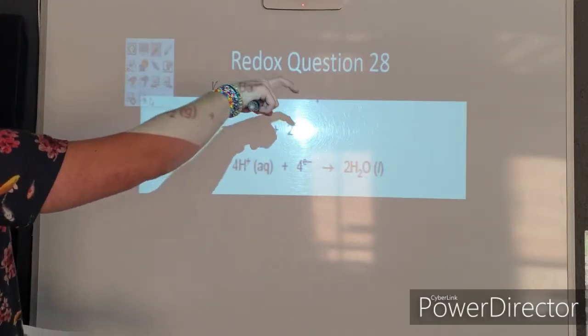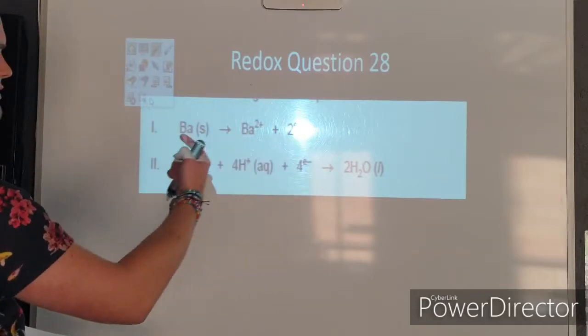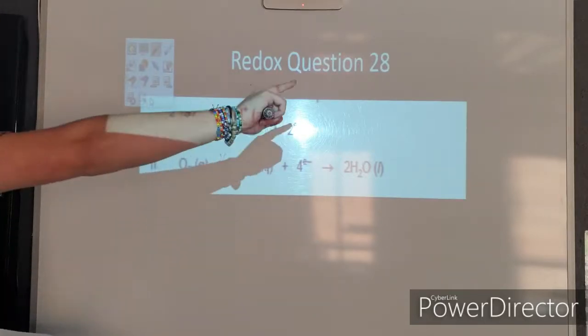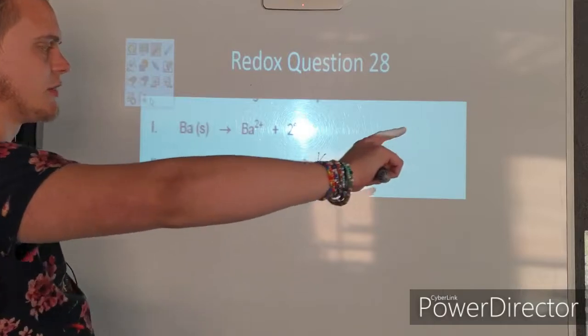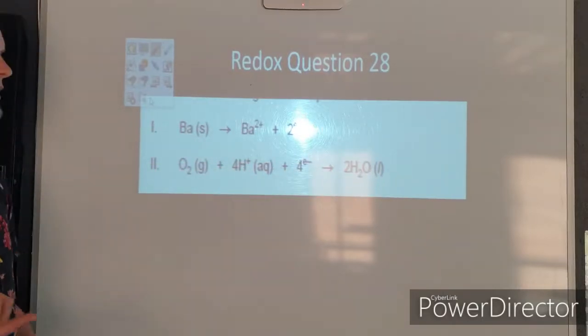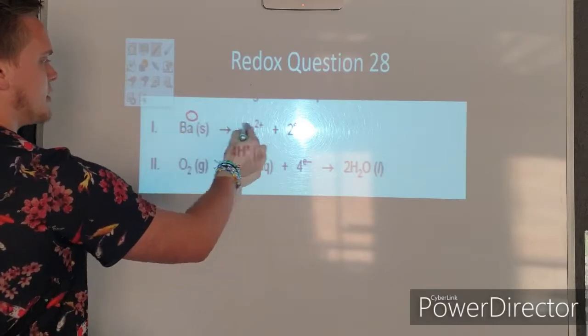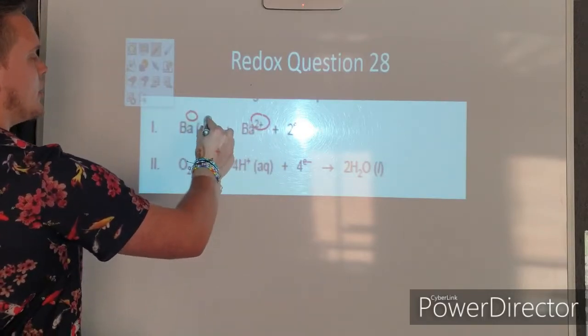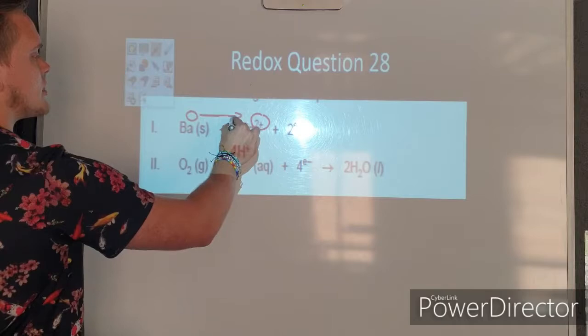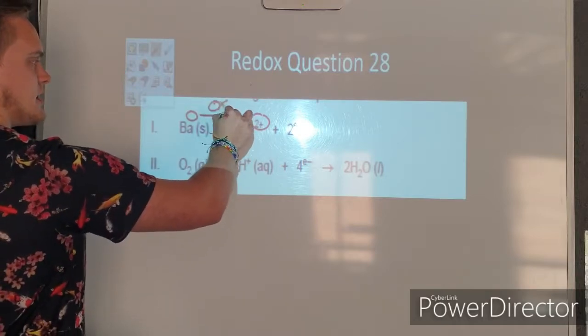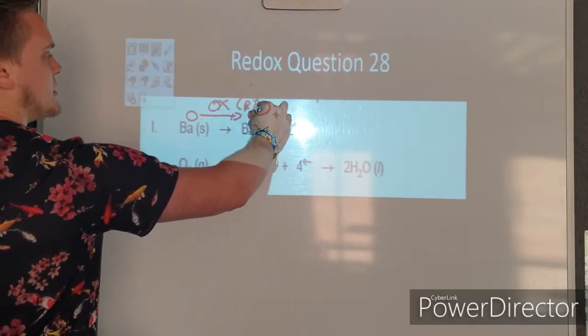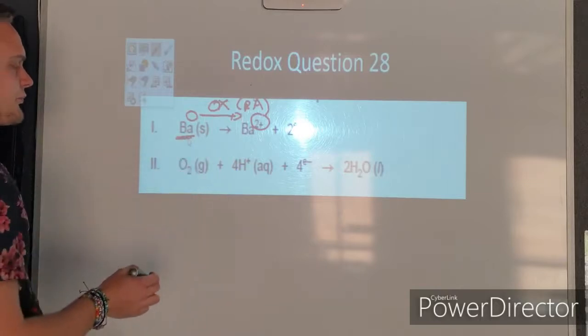So the electrons are on the other side and the other electrons are with the reagents. So that's an easy one for oxidation and reduction. But what if that didn't happen? Then you're going to look at the oxidation numbers. So a 0 changing to a +2, we have an increase in our oxidation number, meaning this is oxidation, and our reducing agent will be barium.